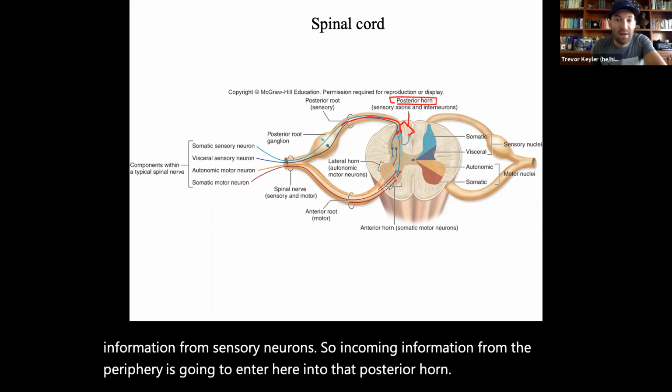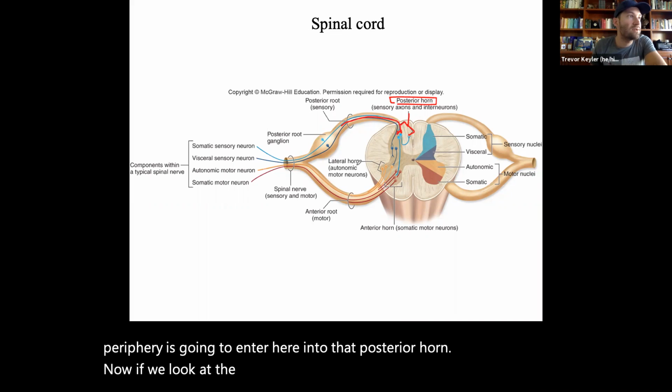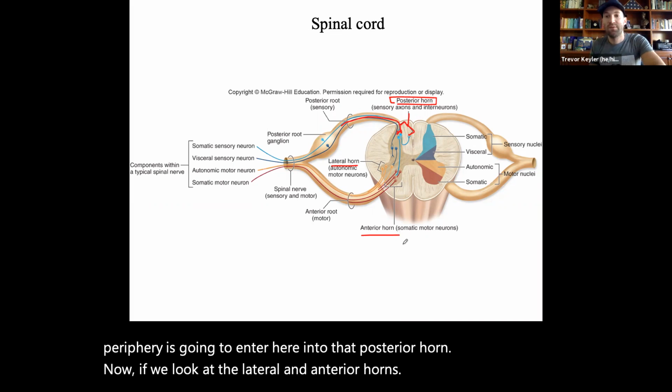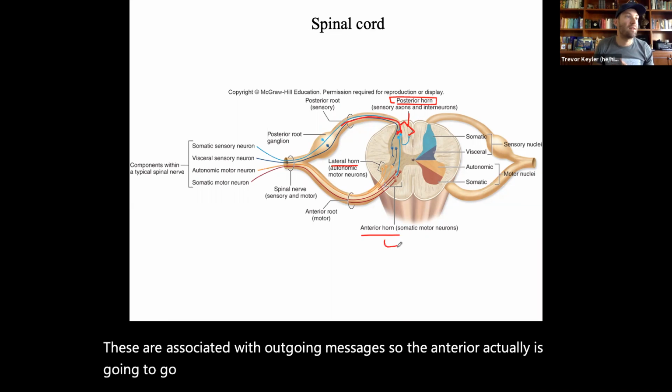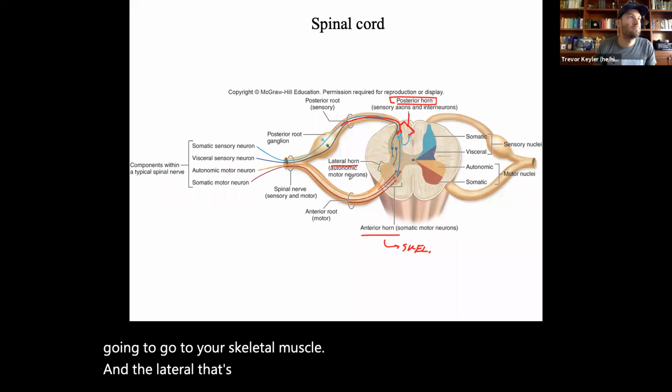Now, if we look at the lateral and anterior horns, these are associated with outgoing messages. The anterior actually is going to go to your skeletal muscle. And the lateral, that's your autonomic motor neurons.